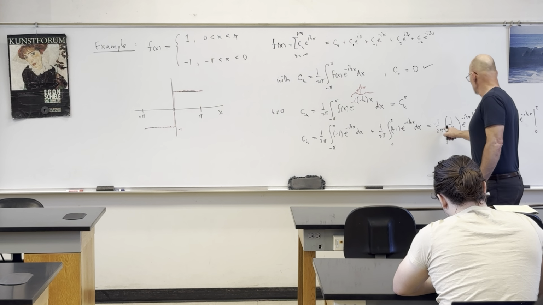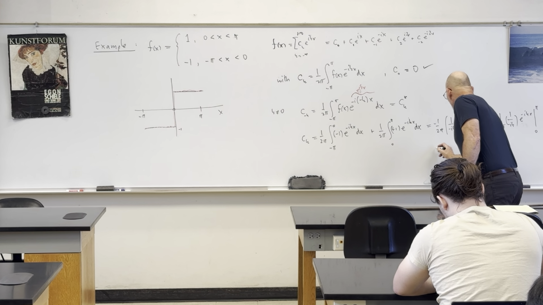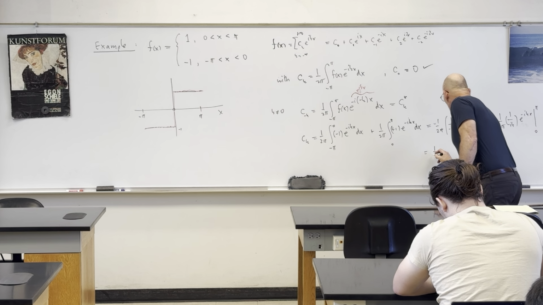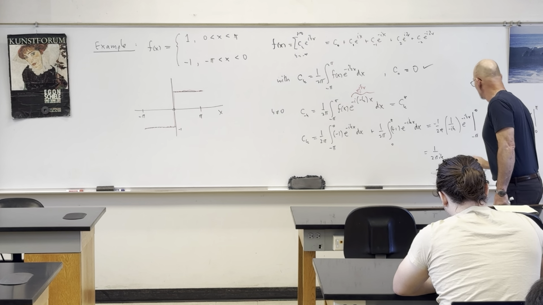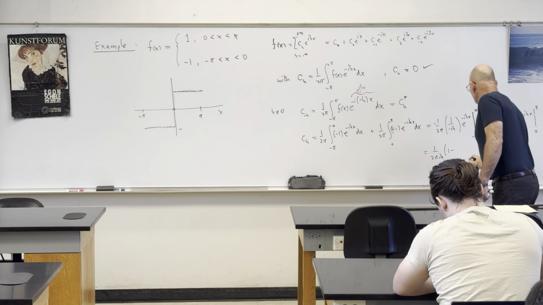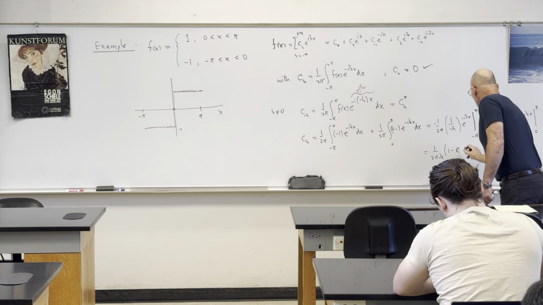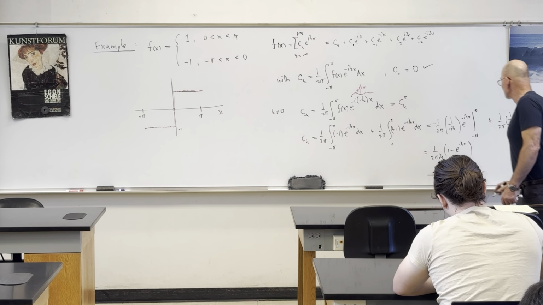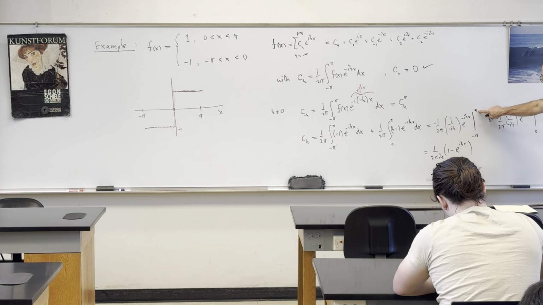And these signs will cancel, so I'm going to have 1 over 2 pi i k, 1 minus e to the i k pi. Right, e to the 0 is 1, minus e to the minus negative pi, right, so plus i k pi.